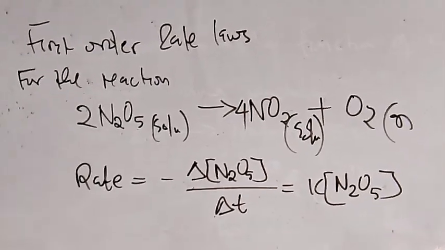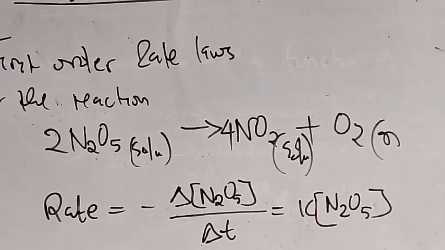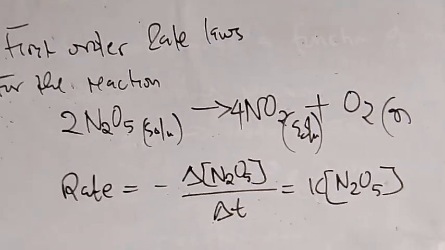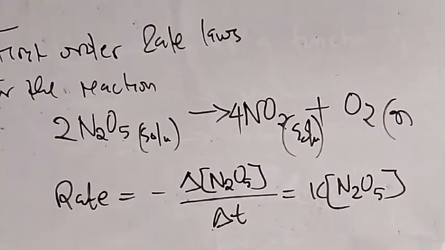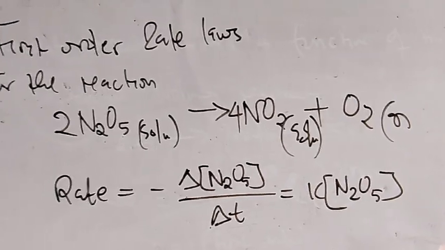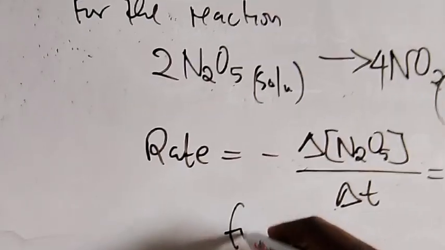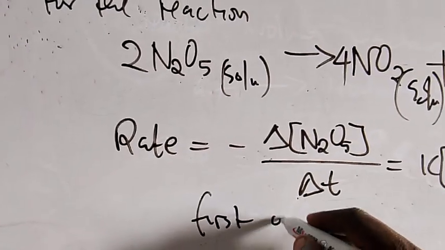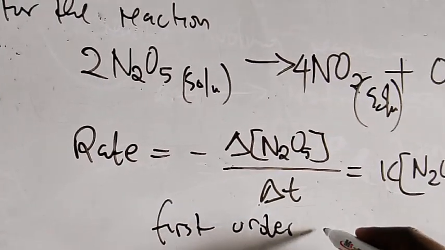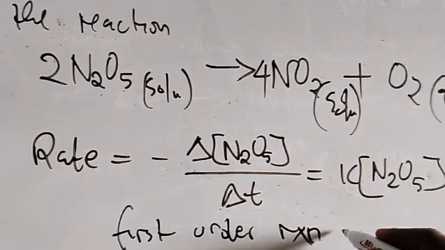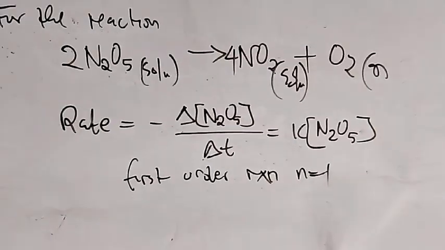Since the rate of this reaction depends on the concentration of nitrogen pentoxide to the first power, it is a first order reaction, since n is equal to 1.